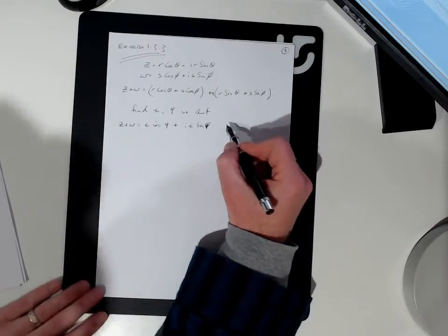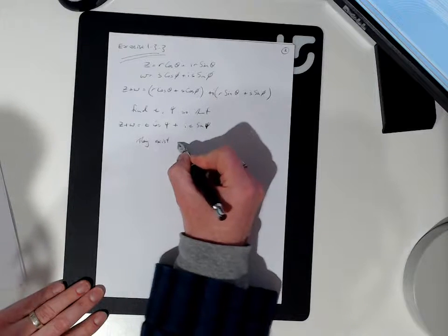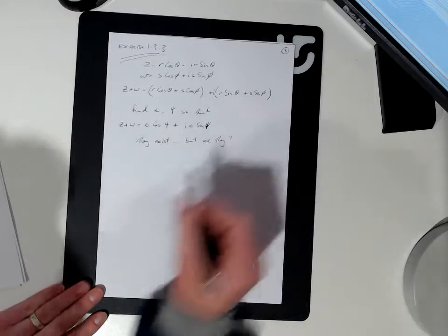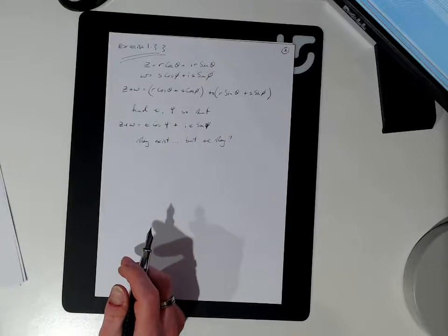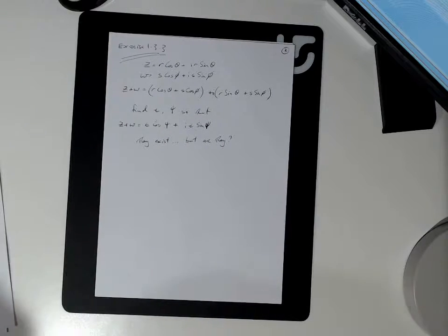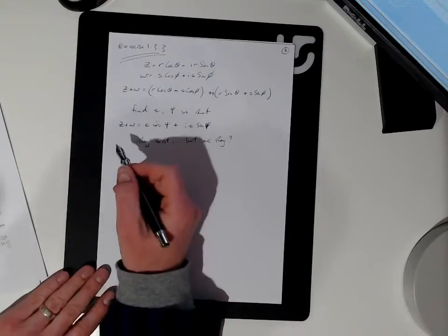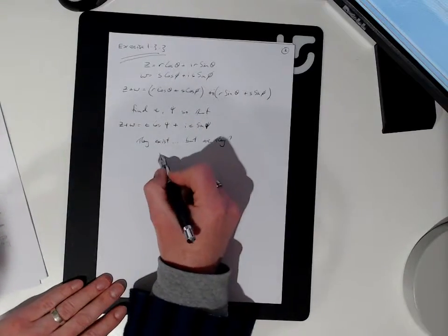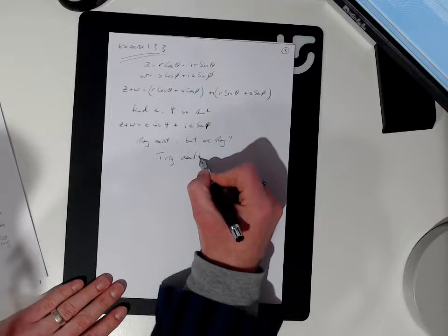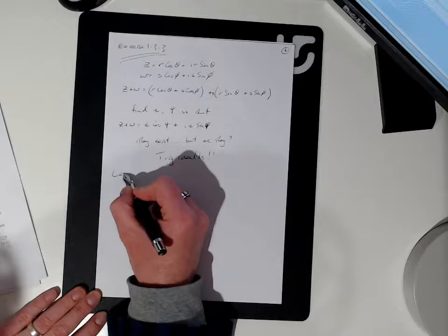I mean, they exist, but what are they? It's a good exercise. I suggest you do it. There's a lot of work. Well, there's some work involved. Okay, so trig identities, right? Okay.